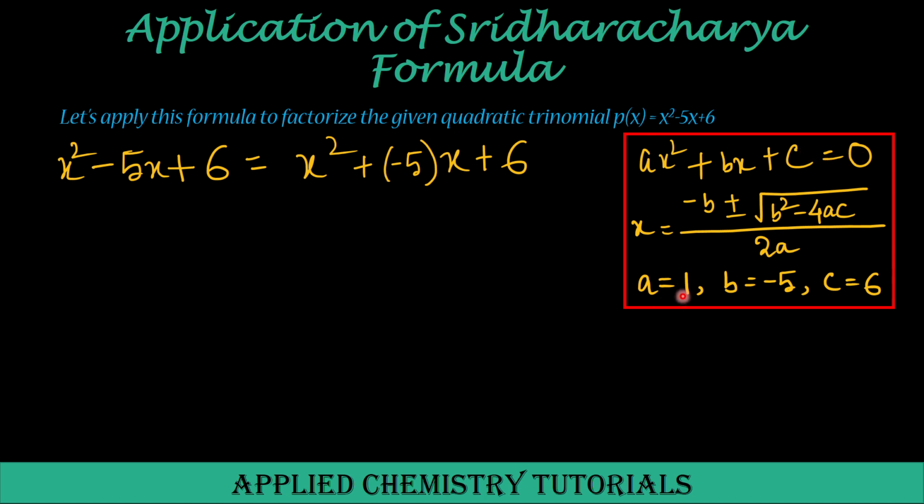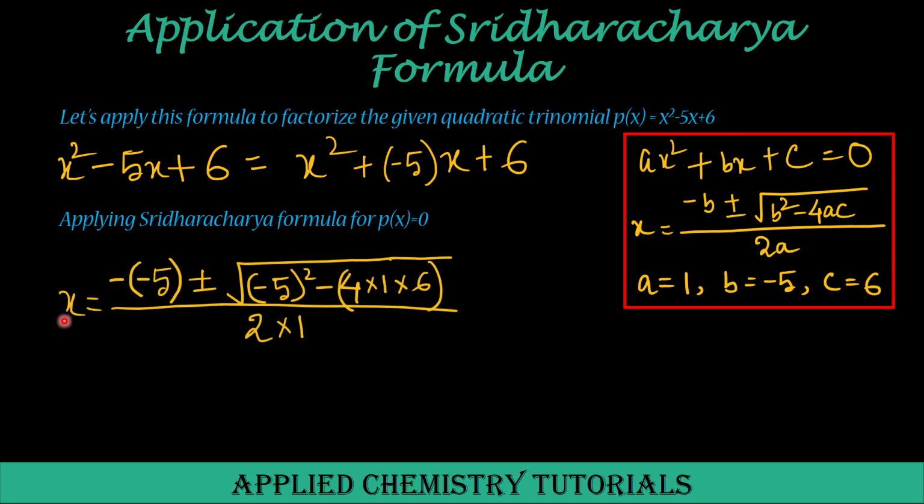We can see that a equals 1 here, b equals minus 5 and c equals 6. So applying the Sridharacharya formula for p(x) equals 0, that means x square minus 5x plus 6 equals 0, we can easily find the roots using this formula.